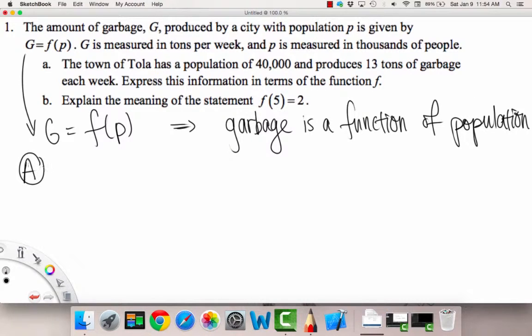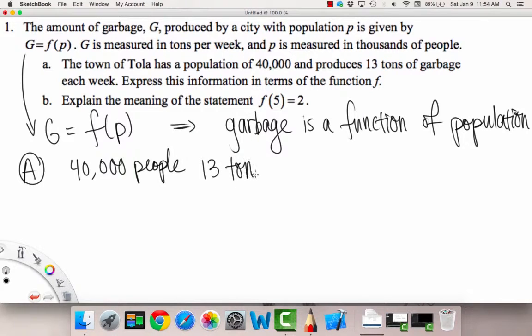So we have the town of Tola has a population of 40,000 and produces 13 tons of garbage each week. Express this information in terms of the function f. So we have 40,000 people here, okay? And we have 13 tons of garbage.